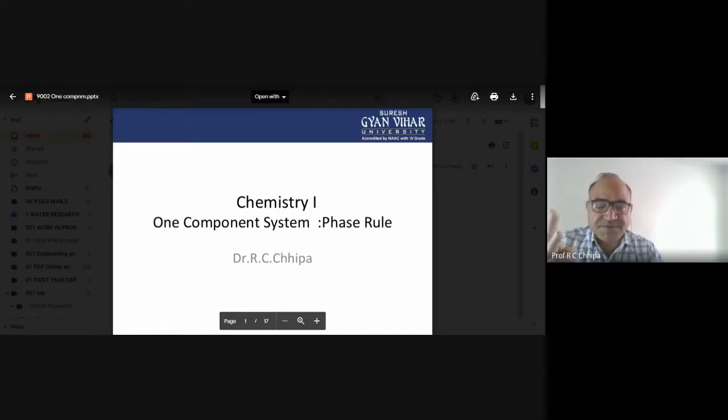So we can see the three phases of water. One is the liquid, which is the water we use. Another is the gaseous phase, which is the water vapor. The third one is ice or snow, which is in the form of a solid, H2O solid.